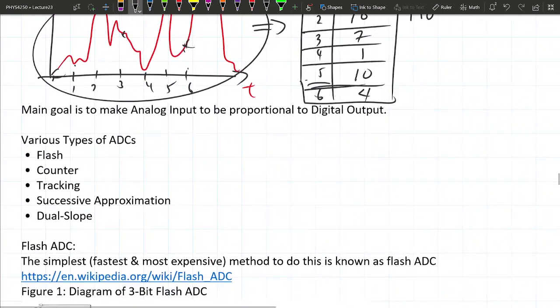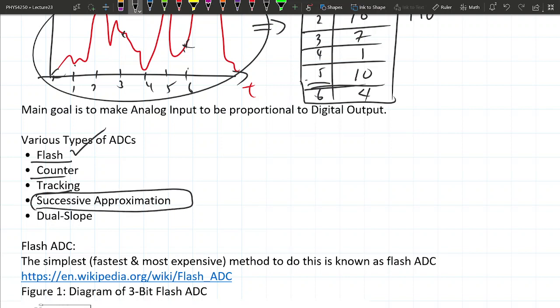There are various different types of ADCs. There's the flash ADC, which is what I'm going to cover today and try to finish without going too much over. There's a counter ADC, a tracking ADC. But what we're going to do the lab on is known as the successive approximation ADC, and this is what most consumer electronics uses.